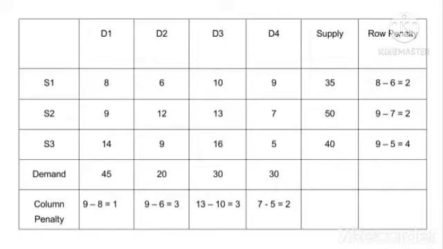The maximum penalty is 4. That occurs in row S3. And we make the allocation to the minimum Cij, which can be found in S3 and D4, which is 5.